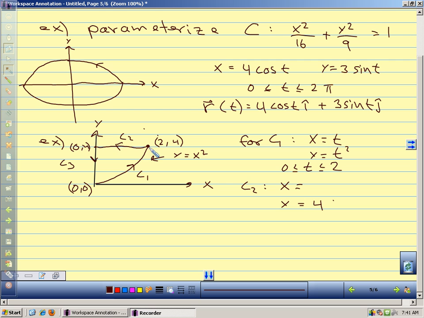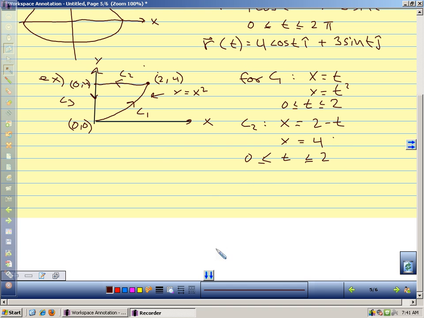And we want to move from 2, 4 to 0, 4. So x equals 2 minus t, and t varies from 0 less than or equal to t less than or equal to 2.